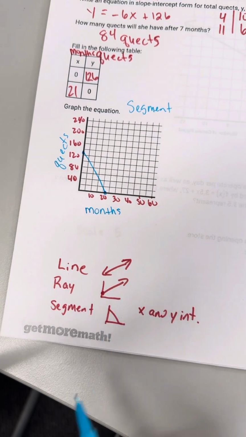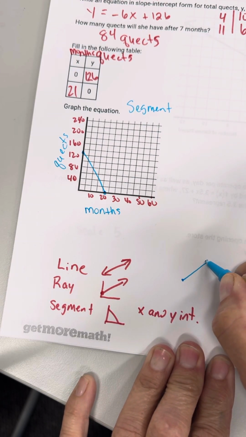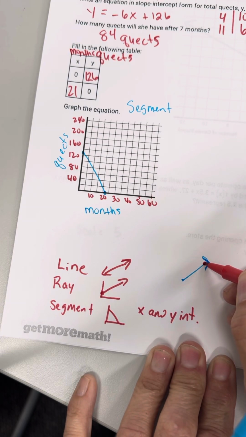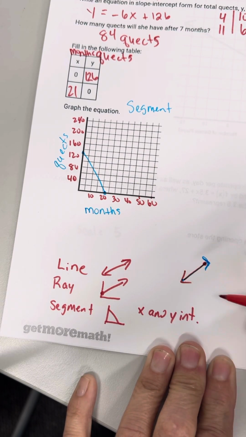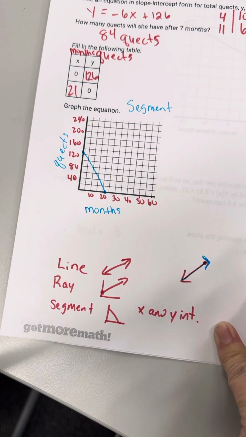And you have to plot the y-intercept first. Because if you have a line that looks like this, and you start with the point here at the end, and then do your y-intercept, well, your arrow is going to be facing the wrong way. So that's why you have to do the y-intercept first.